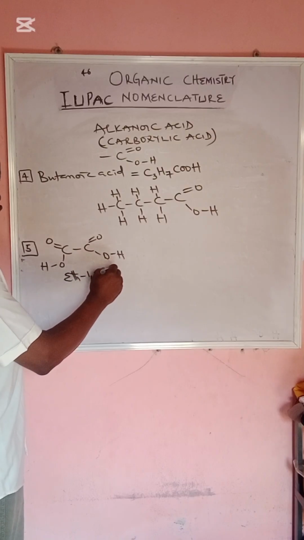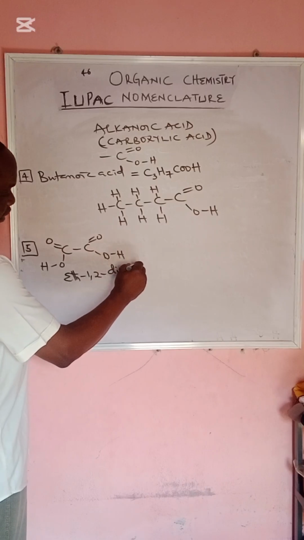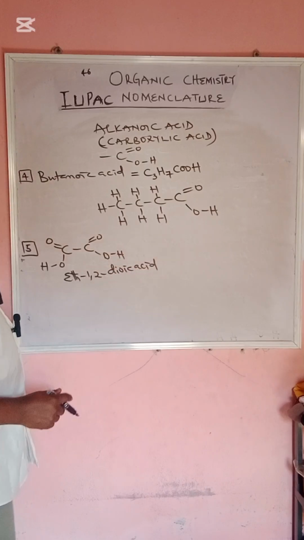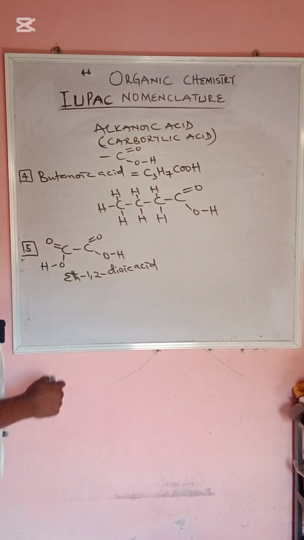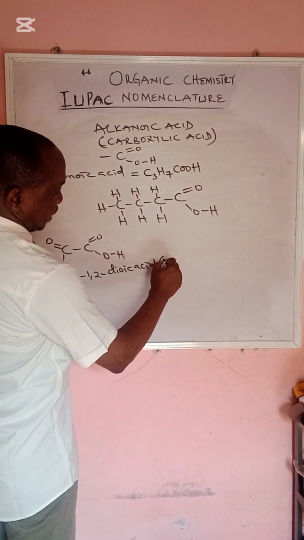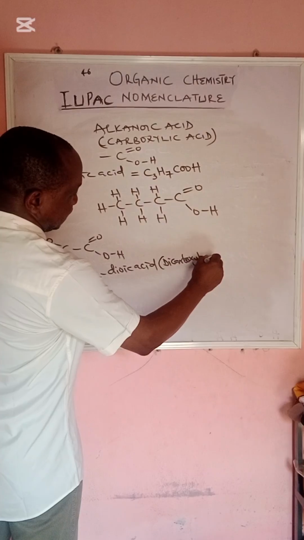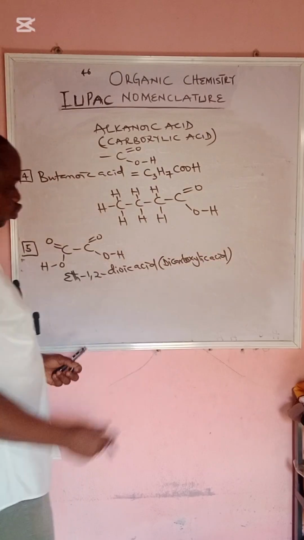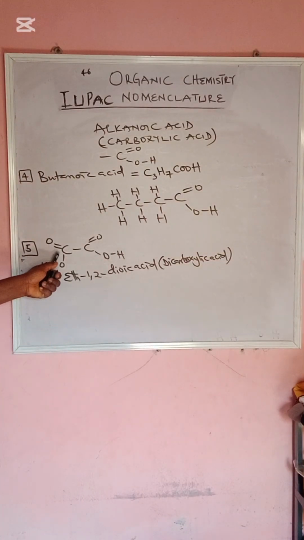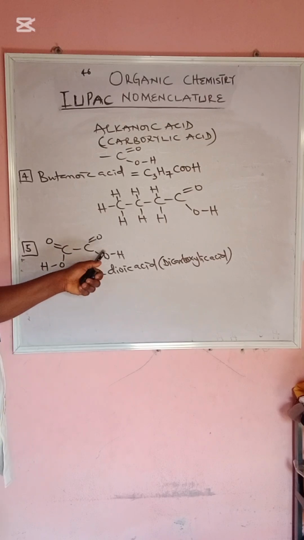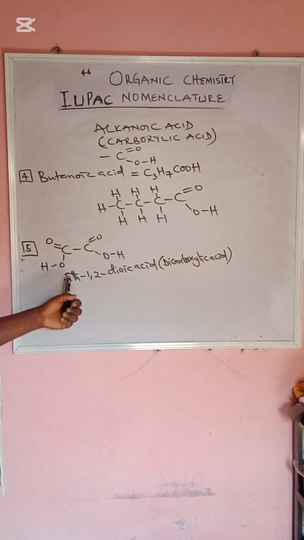Call it ethane-1,2-dioic acid. It's a dicarboxylic acid. It has two functional groups. You can see one here, another one here.